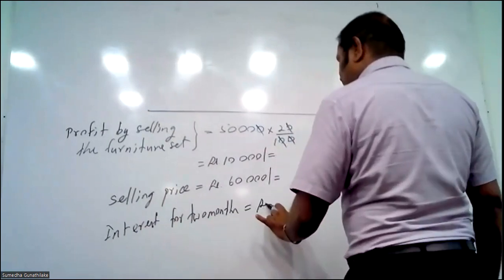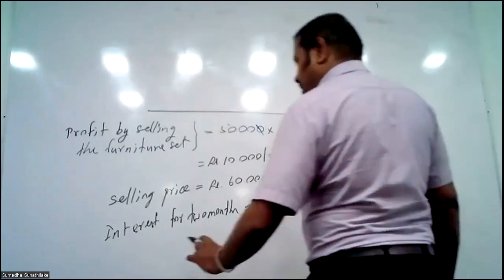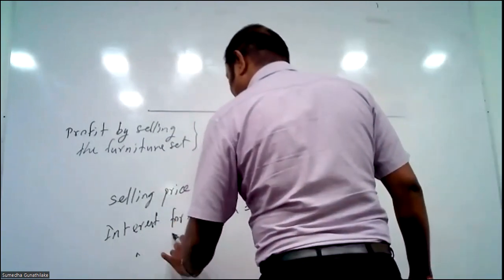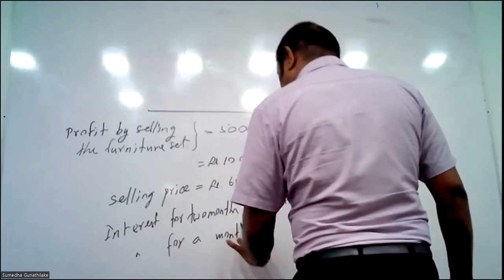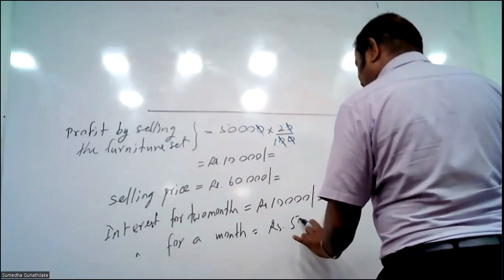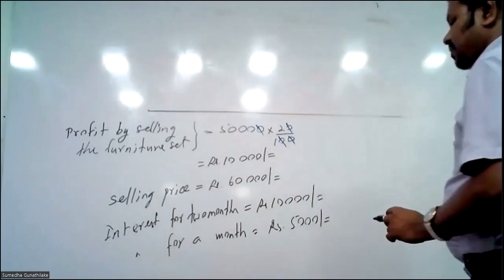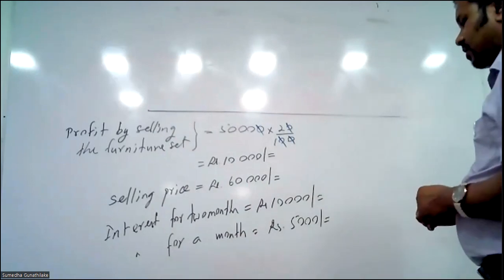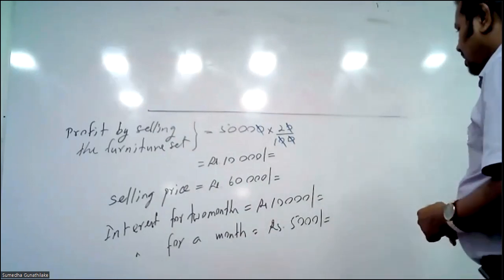Interest for 2 months, that is 10,000. Interest for a month, that is 5,000. Interest for a month, 5,000.